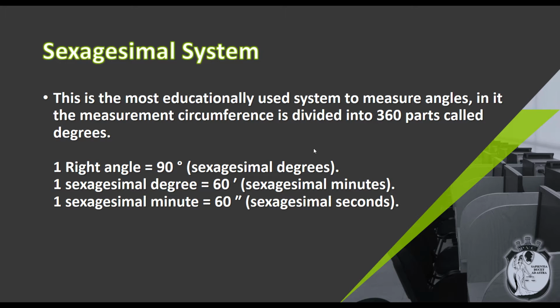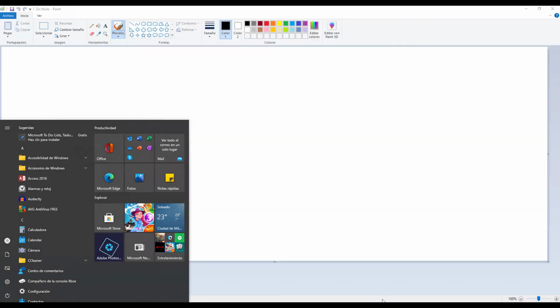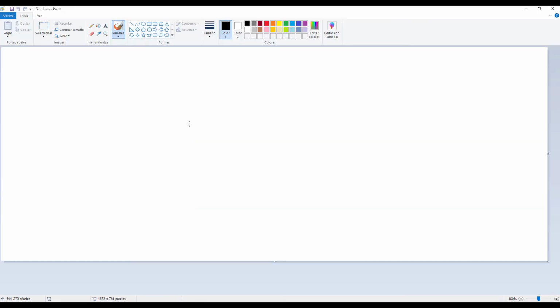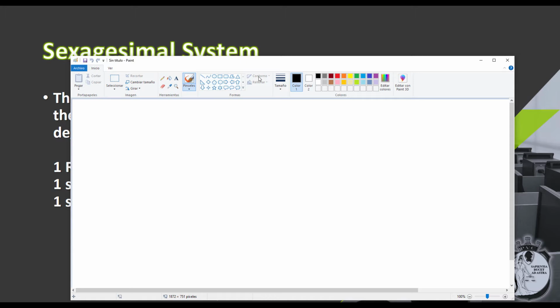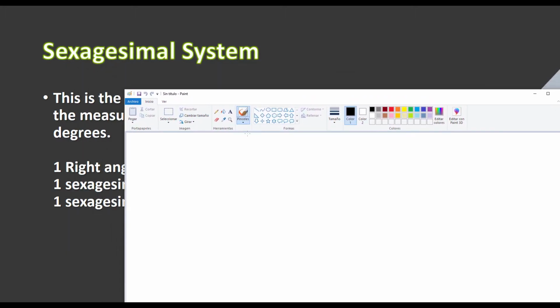Okay. Now we will see the measurement systems. There exist 3 different systems of measurement. I will use Paint; it's like my whiteboard.